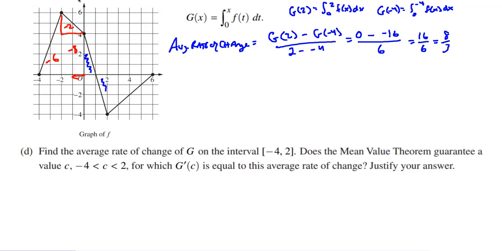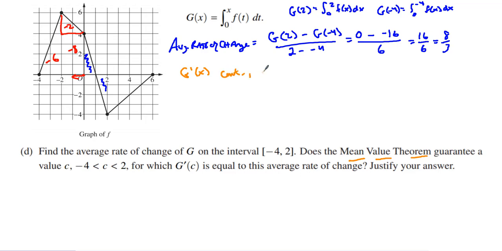Now the next question says, does the mean value theorem guarantee this? Well, what do we know? We know that g prime of x is dependent upon this graph right here, and we know that is continuous. So we know g is continuous.